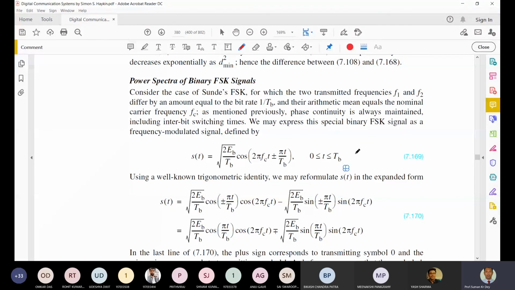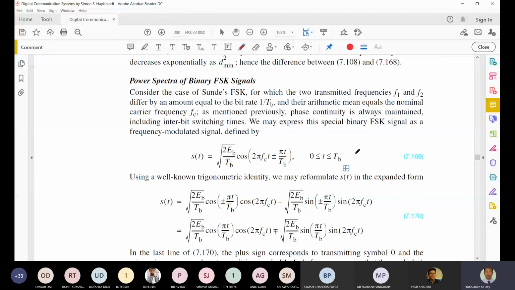When we started discussing FSK, we considered two frequencies, f1 and f2. In frequency modulation, the frequency of the carrier is changed depending on the message signal.